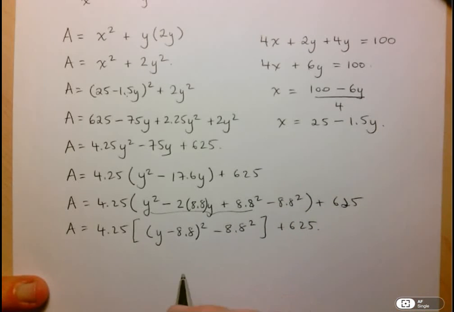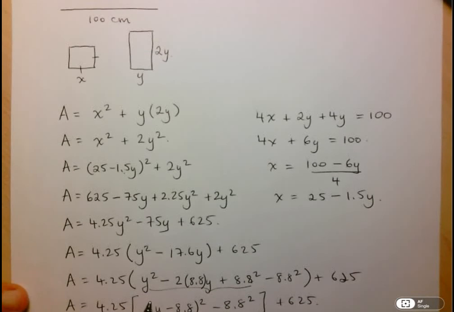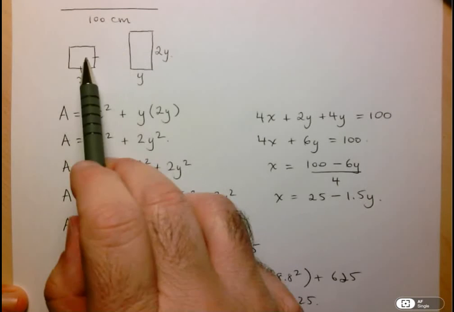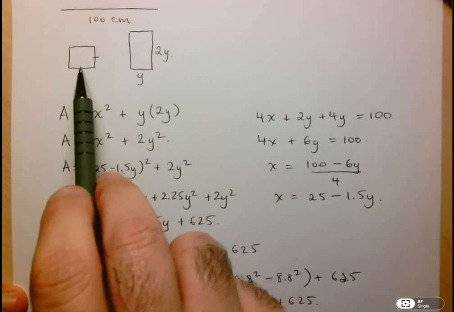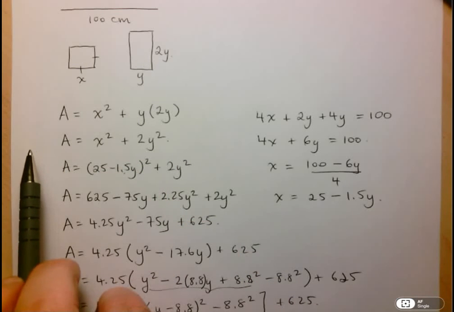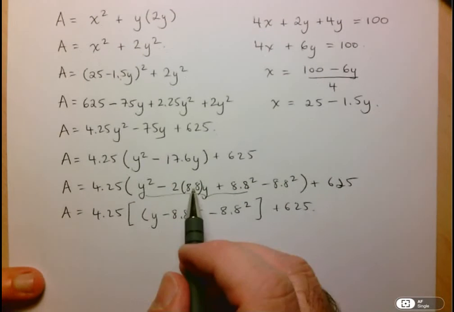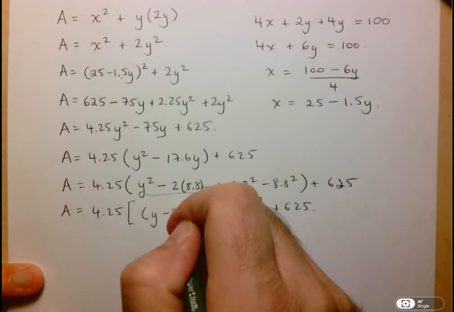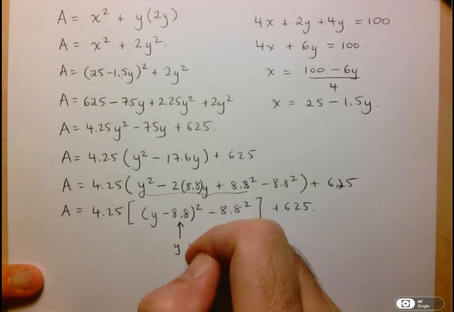I just want to stop here for a second, because let's keep in mind what they're asking us to find. If you go back and take a look at the question, what they're looking for is just the dimensions of the two shapes. They don't actually ask for the minimum area. Since I only need the dimensions, I can actually stop here. I could have even stopped one step ahead, because I know that this is going to be the y value which gives a minimum.